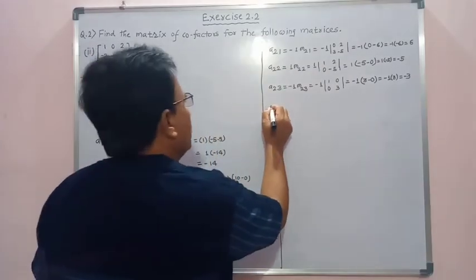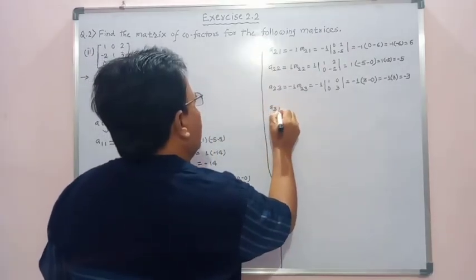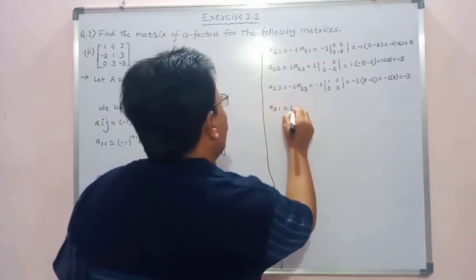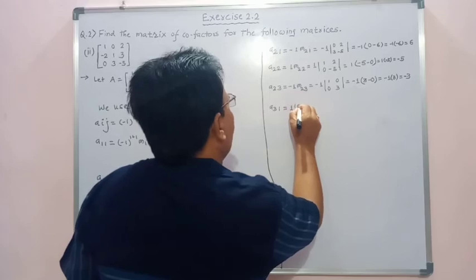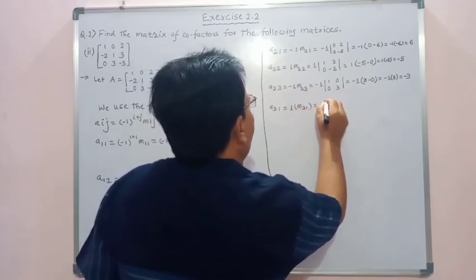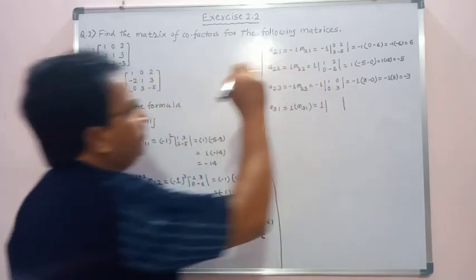The next cofactor is A31. 3 plus 1 is 4, an even number. We directly use plus 1 into M31. What is the value of M31?